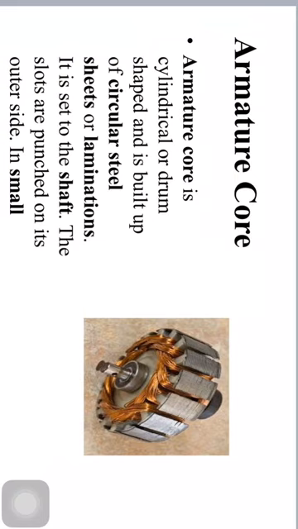In small machines or motors, the armature slots are set directly to the shaft. The laminations are also used for cooling purpose of the armature and to reduce the eddy current losses and voltage drops. And the circular stampings or slots are cut out in one piece. This is about armature core.